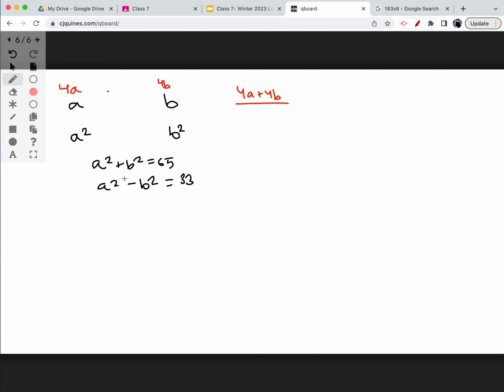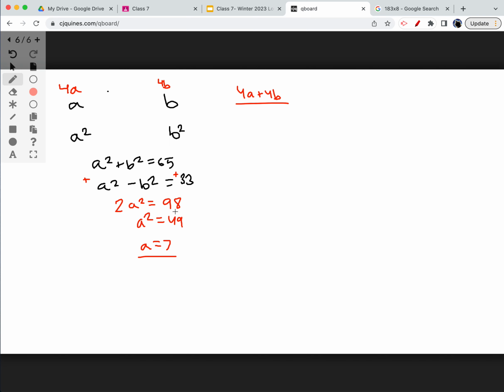Okay, so this is a pretty easy system to solve. We will just add the two equations. So we get 2A squared is equal to 98. So A squared is equal to 49, and A is equal to 7.